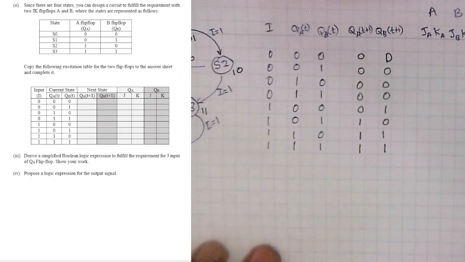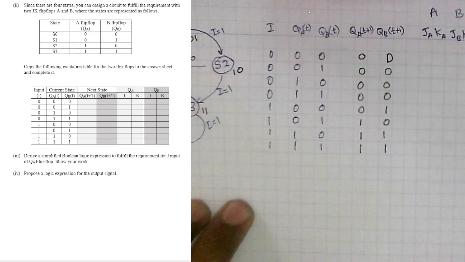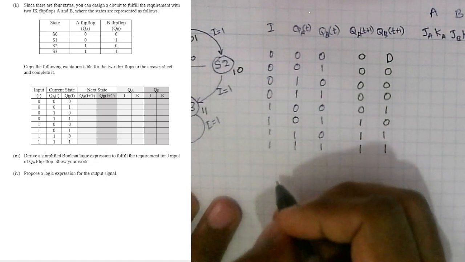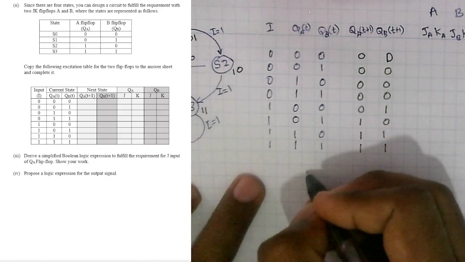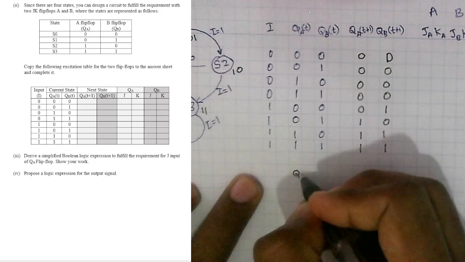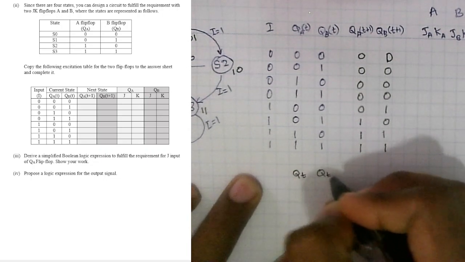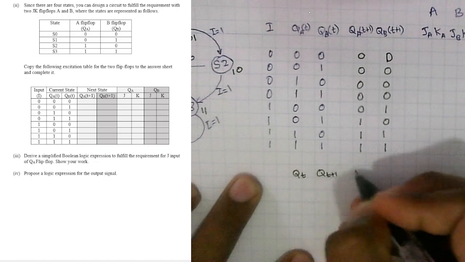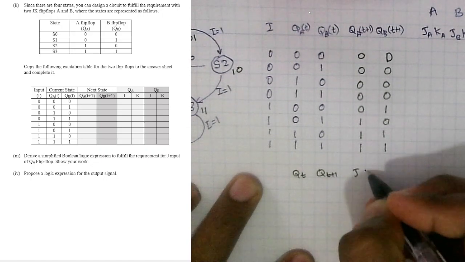Now you can get the excitation table for the JK flip-flop, right? Let me just redraw it here for quick reference. If I have a Q(t) and I need Q(t+1), and my J and K are supposed to be something.